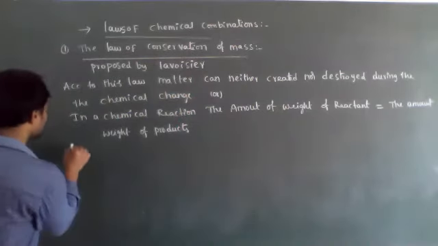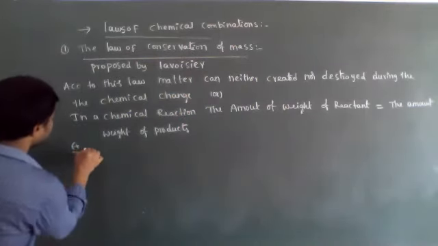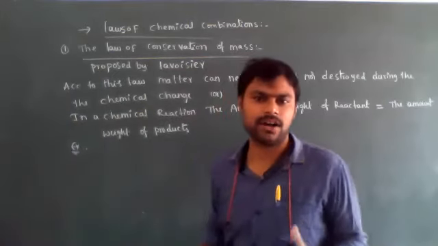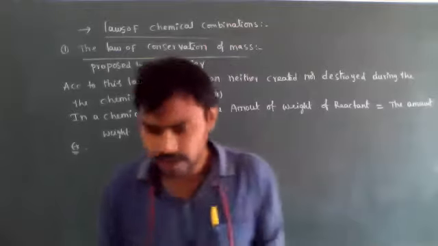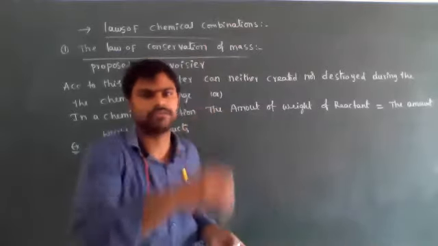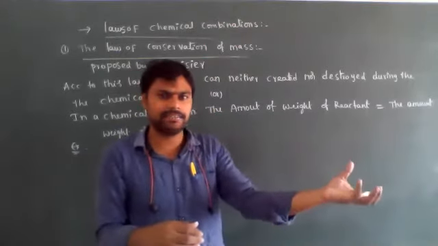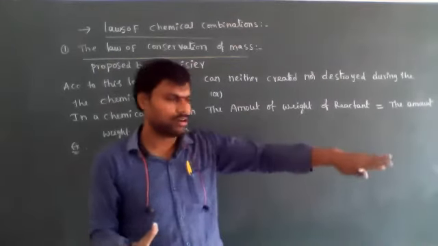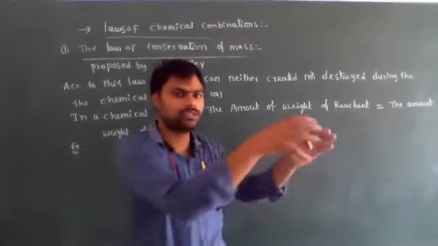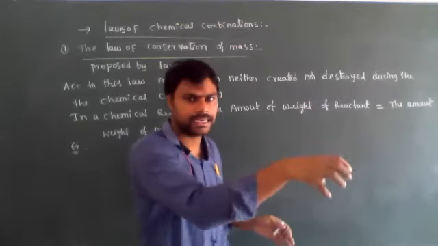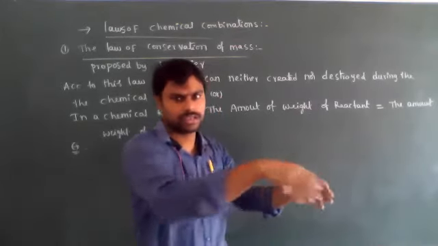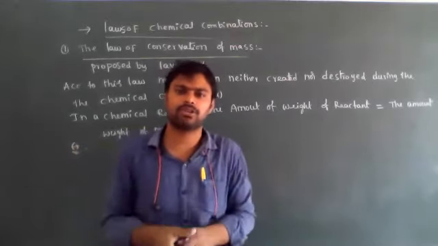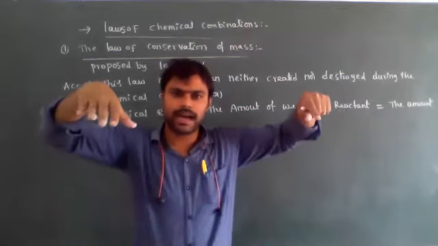According to this law, it is useful for balancing chemical reactions. Balance, you know very well: we go to the market, 1 kg of tomatoes, do you want? They will use a 1 kg iron weight on one side, and on the opposite side they will give 1 kg of tomatoes. So both are equal.